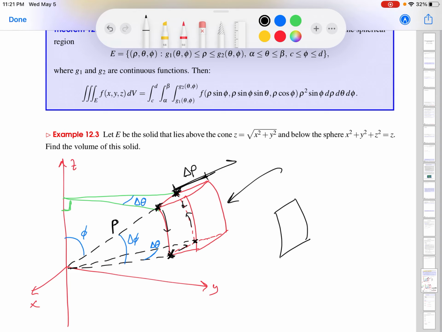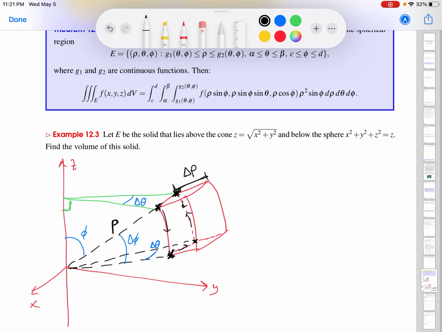You just take this thing and protrude it, extend it out like that, and you get your spherical wedge. And when you do that, you are changing the rho, because you're going further out from the origin. So that is a change in rho, that's delta rho.